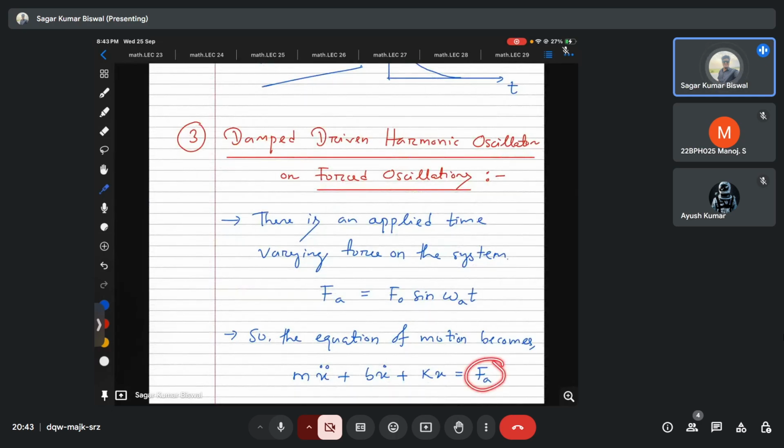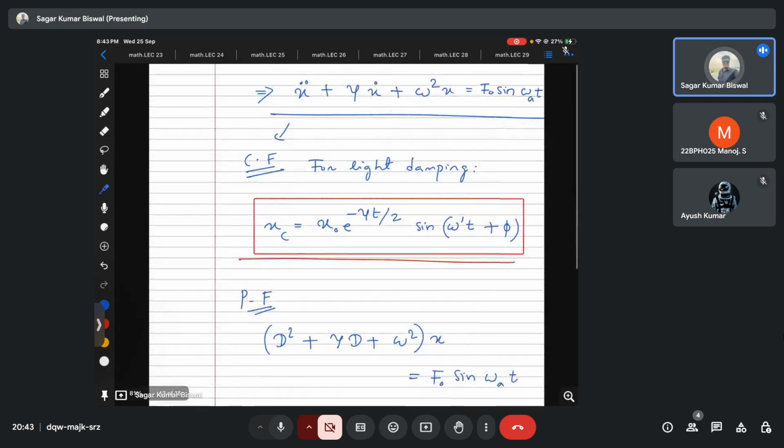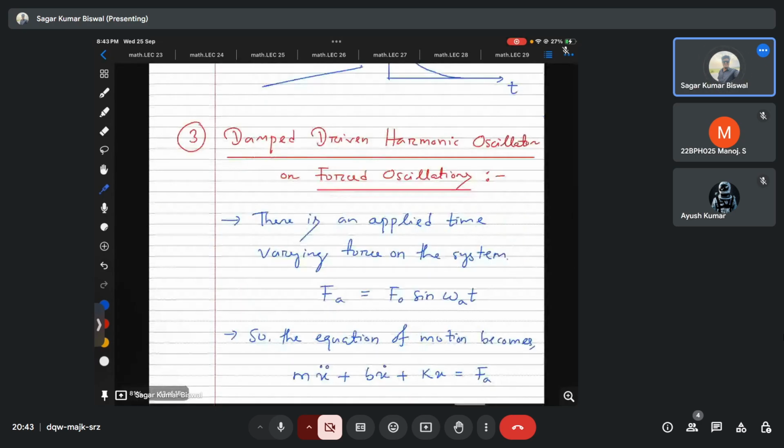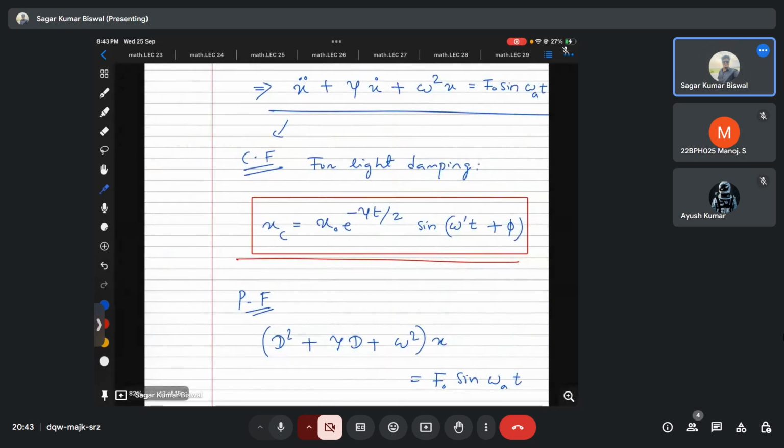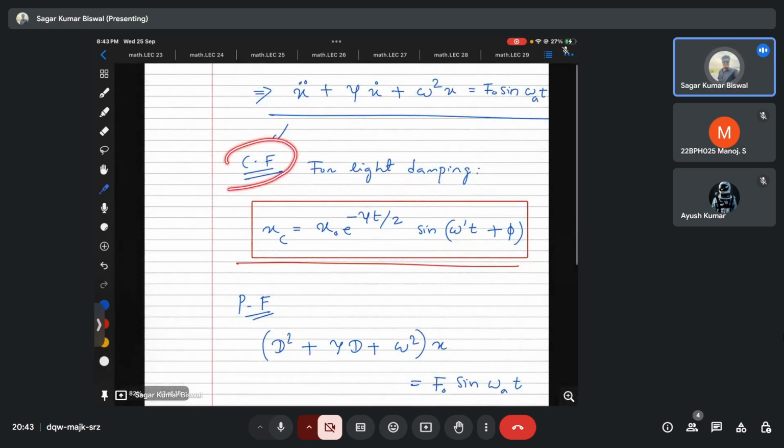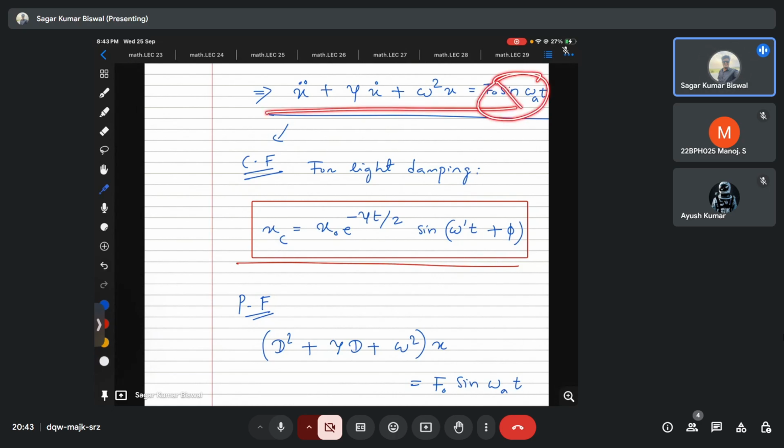So what will be the effect? This is the force that is acting on the system. This is a non-homogeneous type differential equation, right? It is non-homogeneous because the right side is not zero. For this second order differential equation, you have to find the complementary function and the particular function.